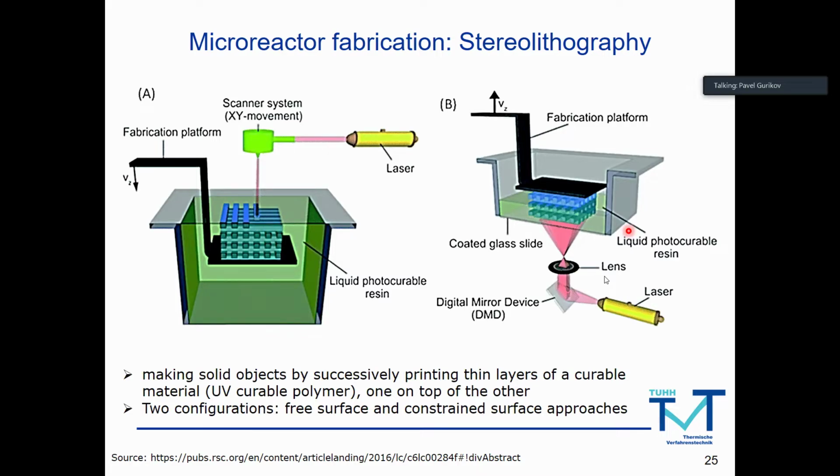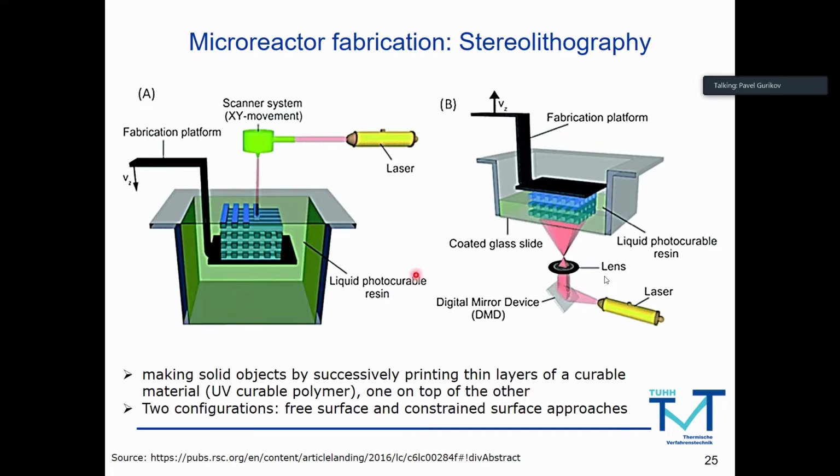Stereolithography is a very, very modern technique. We have also one in our lab. It's sort of a 3D printing. I like the idea very much. Look, you have a laser or a light source, basically, which you focus in a solution. So the focal point of the laser is somewhere in the solution.